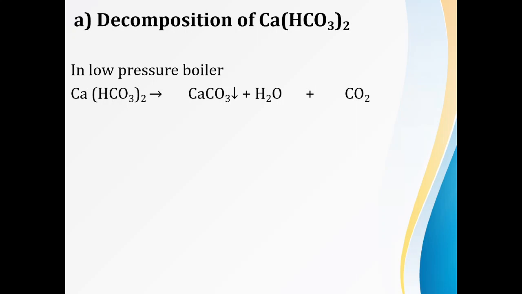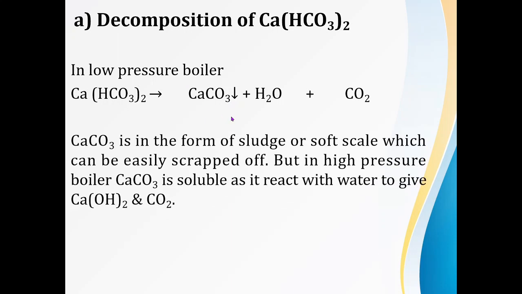Calcium bicarbonate itself is soluble in water, but after providing heat to the water which contains calcium bicarbonate, it converts into CaCO3. This CaCO3 is insoluble in water. This CaCO3 forms sludge or soft scale which can be easily scraped off.